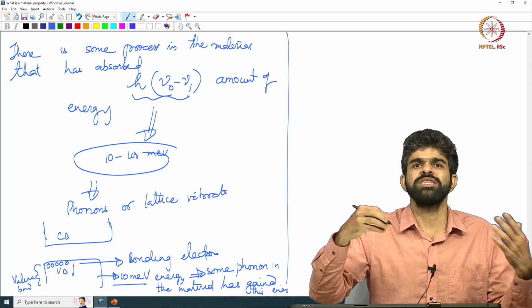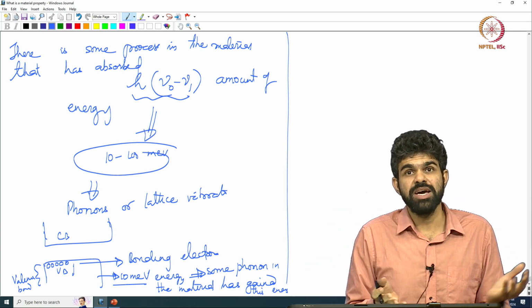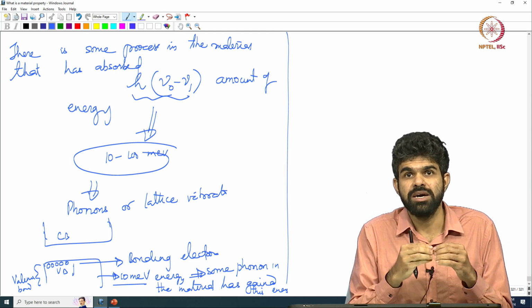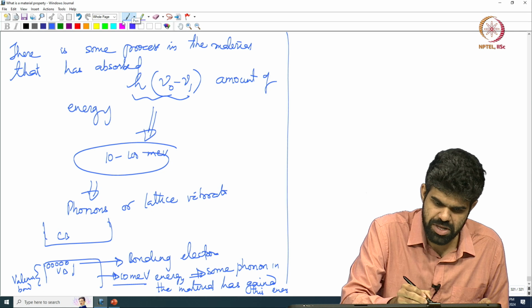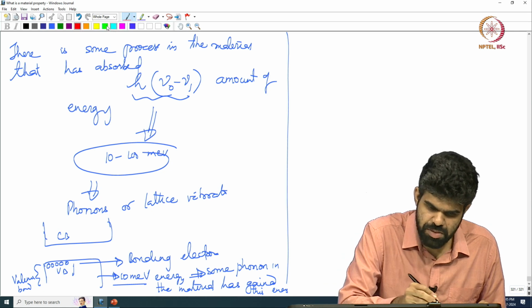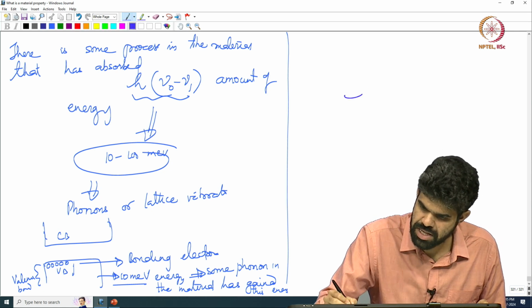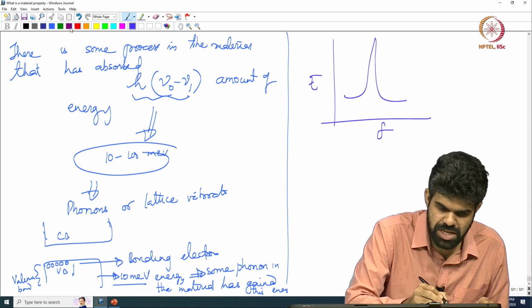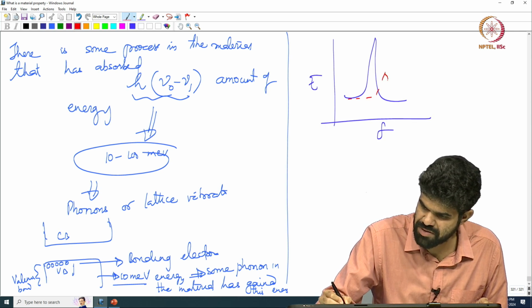Or it can be the other way around. It is also possible in Raman spectroscopy that my light frequency is here, this is energy versus frequency, whereas the detected Raman frequency is somewhere here.